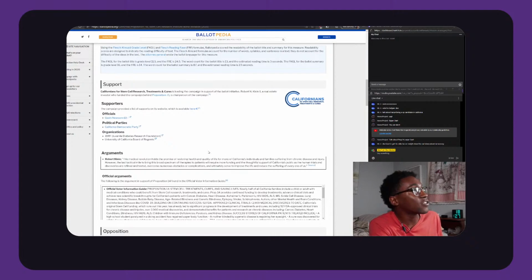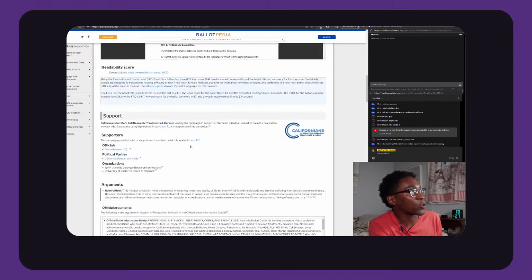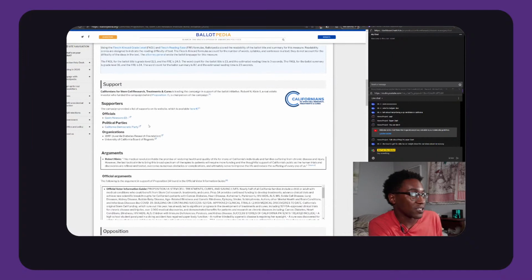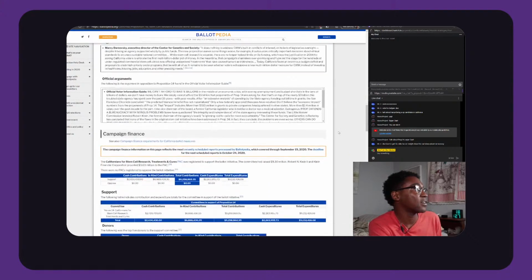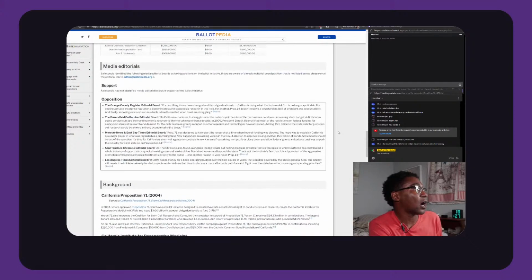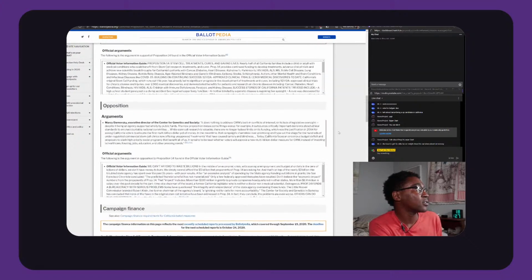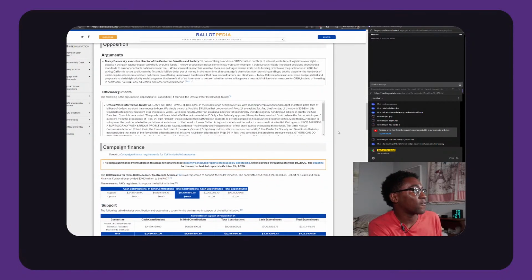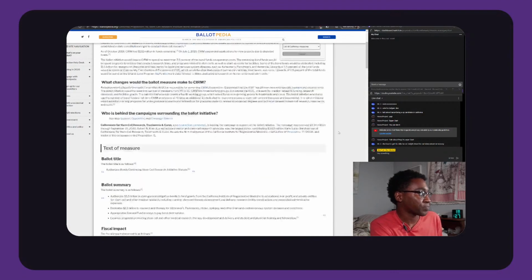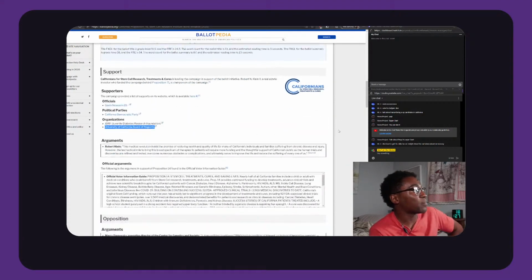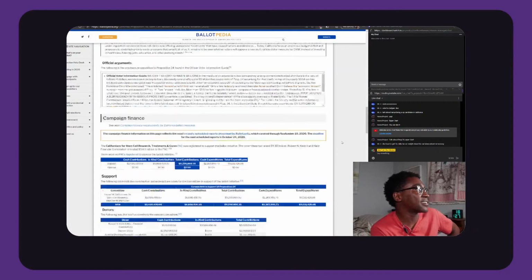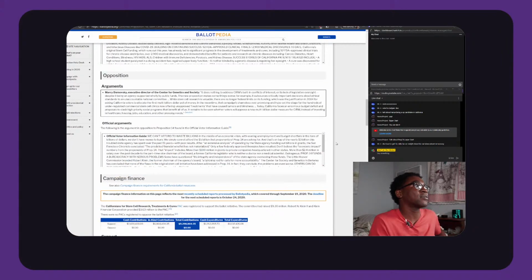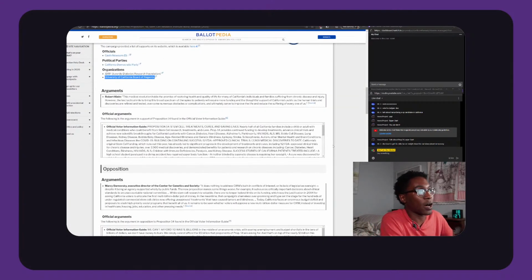So it's pretty interesting. Supporting Prop 14, we have Gavin Newsom, the California Democratic Party, the Juvenile Diabetes Research Foundation, and the University of California Board of Regents. And in opposition, you don't really have any official big name here, but you have some opposing arguments.